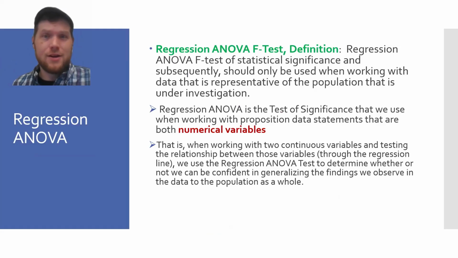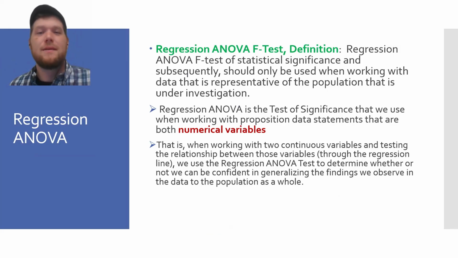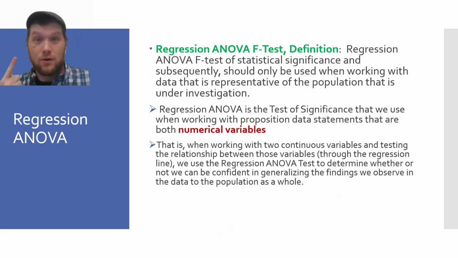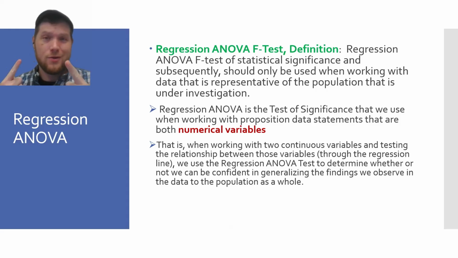So, the regression ANOVA F-test definition. The regression ANOVA F-test of statistical significance is used when the data represent the population under investigation, and that's when we have two numerical variables. This is different than what we did before, when we had one categorical and one numerical.